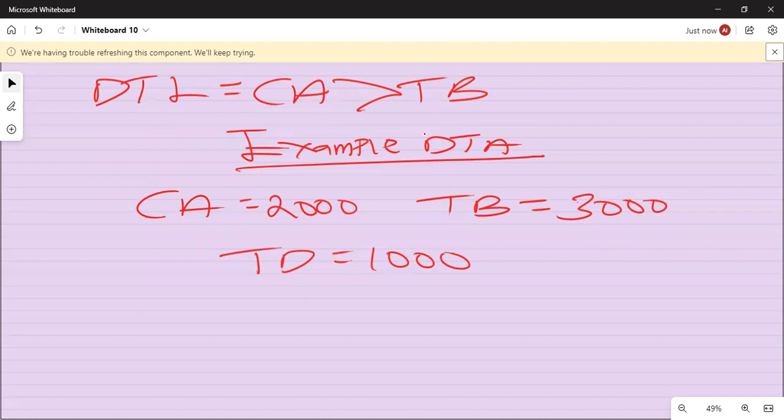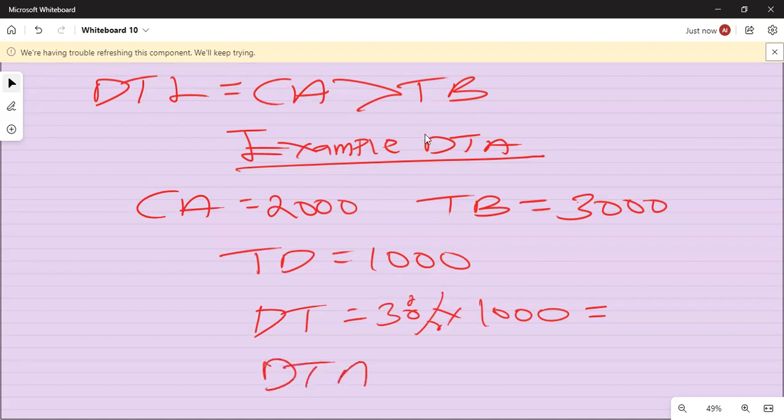So just know that the deferred tax is 30% of this temporary difference. Whatever you have, that is the deferred tax asset. It is a deferred tax asset because the tax base is greater than the carrying amount.